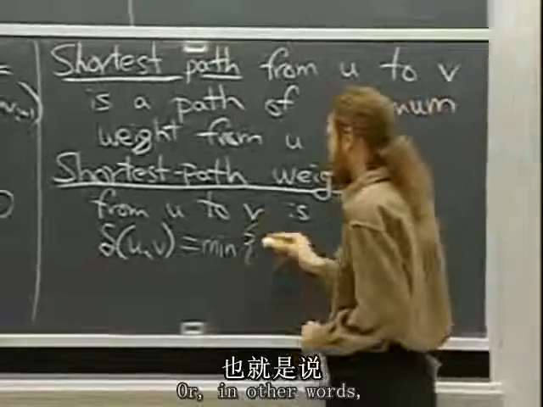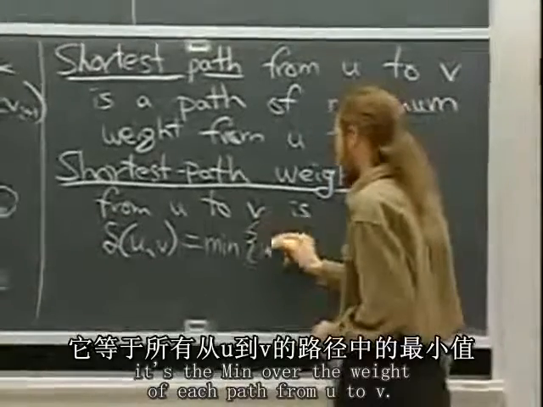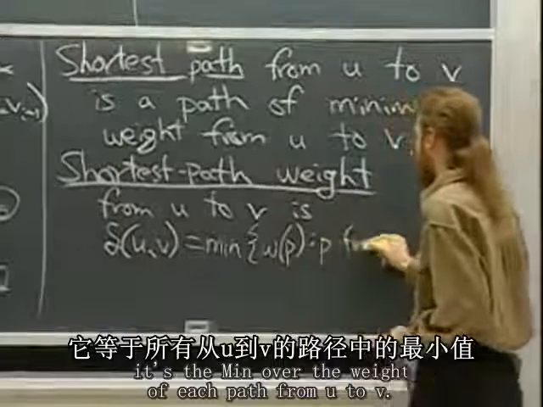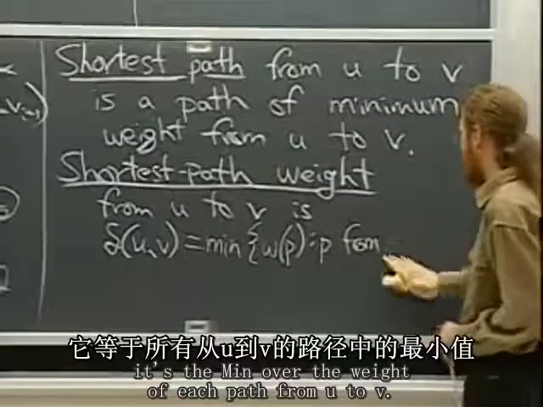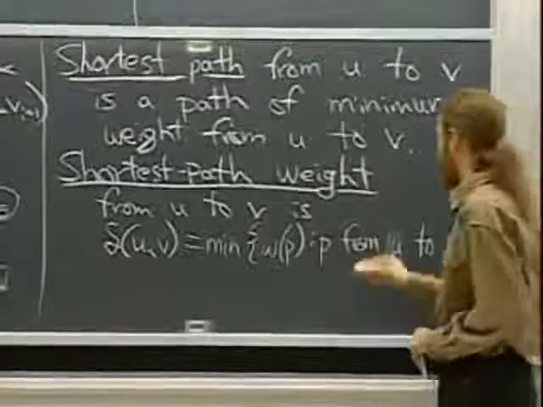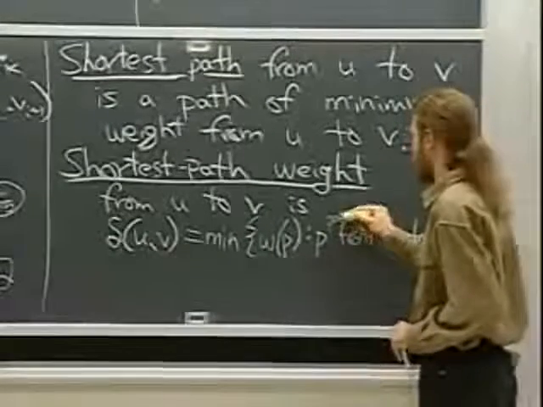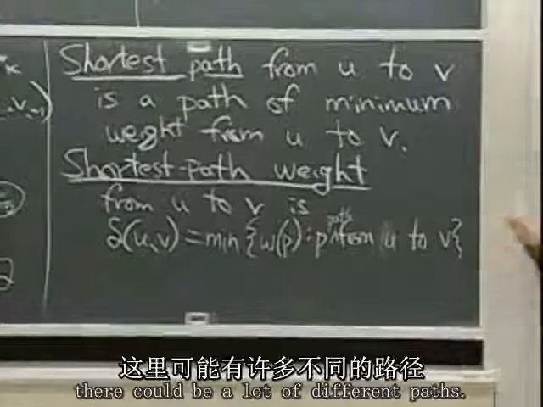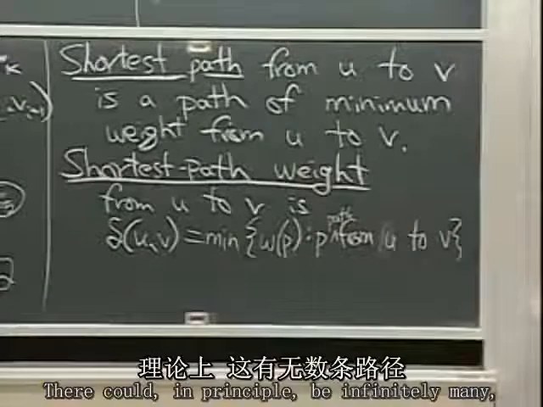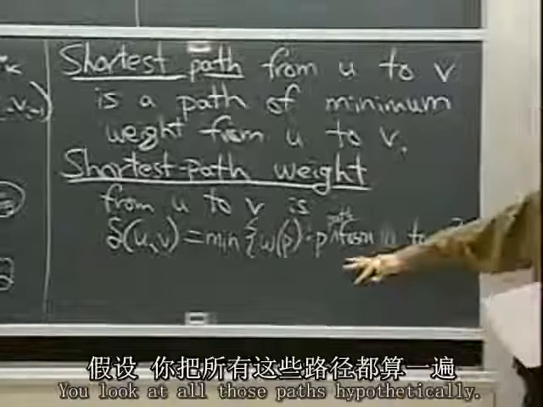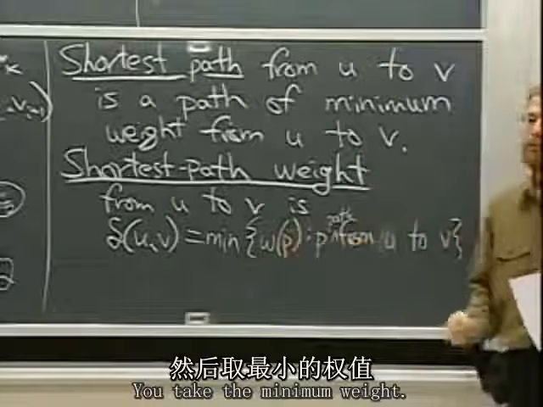Or in other words, it's the min over the weight of each path P from U to V. So P here is a path. There could be exponentially many different paths. There could, in principle, be infinitely many if you're allowed to repeat vertices. You look at all those paths, hypothetically, you take the minimum weight.